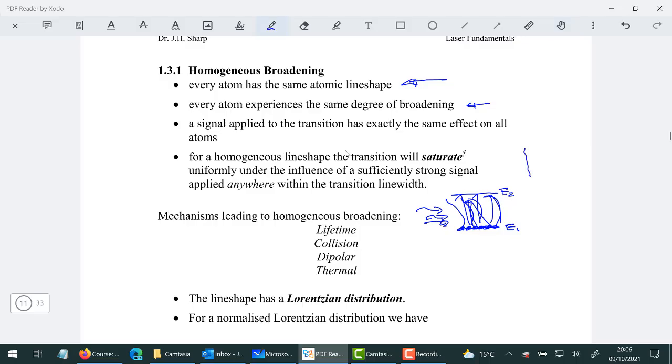It means that if we look at the shape of the absorption spectrum, so this is frequency, and this we'll call our absorption, that if we turn up the intensity of the input light, so if we keep hitting it with more and more photons, then gradually the material is going to absorb less because there are fewer atoms in level 1, and then even less because there are even fewer atoms in level 1 to do the absorption, and then eventually you won't have any absorption at all because there are no atoms left in level 1. They've all been moved up into level 2.